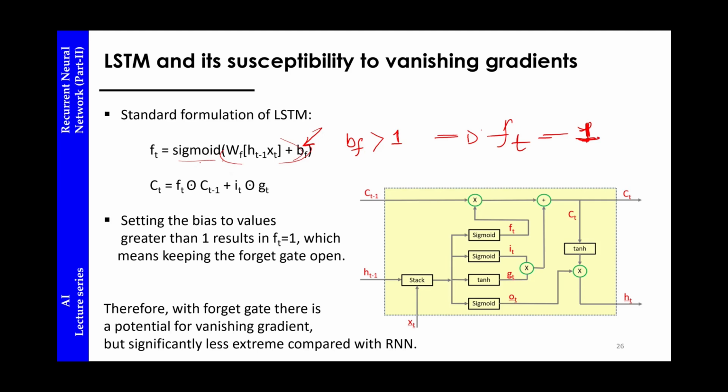We start with large values of b_f to avoid vanishing gradients, and then over time the model learns to forget which part of the information to filter out and which part to maintain. Therefore, the solution to avoid vanishing gradients is to select biases larger than 1 when we start the training.